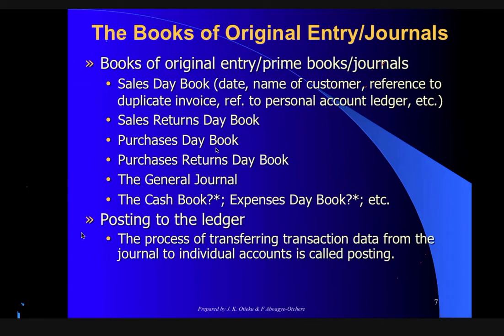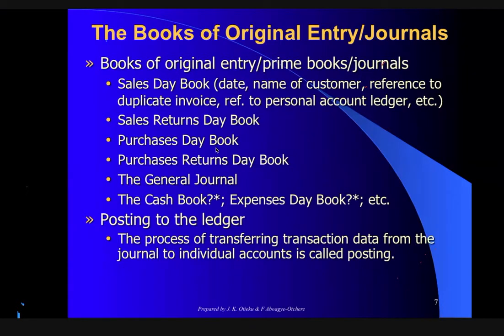And then once you've done all this original recording, like I said, you post to the ledger. Posting is the process of transferring the transaction data from the journal to the individual account. When you go to the ledger, there are individual accounts for all the items in the transaction you have been working on.